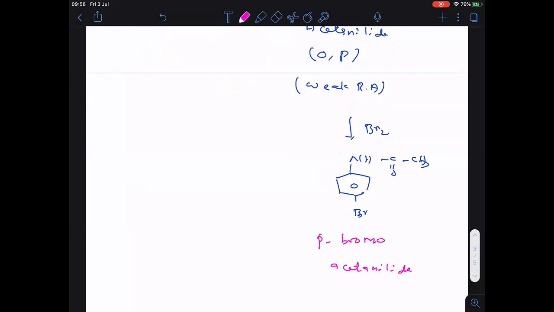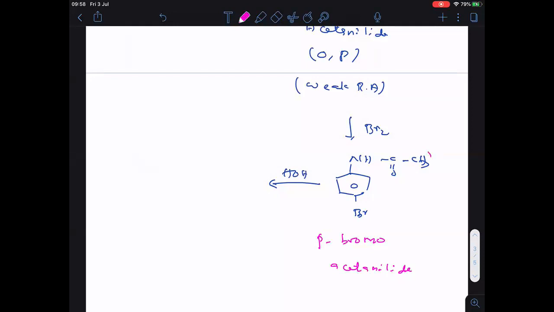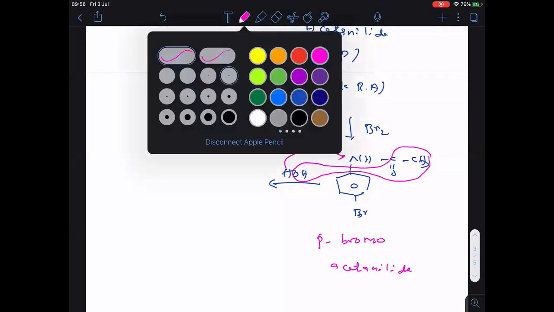This para-bromoacetanilide, when it further undergoes hydrolysis, let us remove the acetic acid here, CH3COOH. Then the H which is left over will be bonded to nitrogen here.